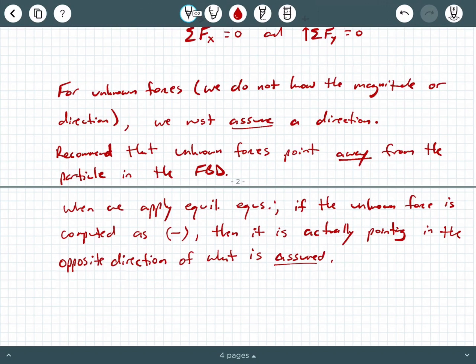Okay? I know that's a lot of words right now, but once we do some numerical examples, we're going to illustrate this concept. So again, when you have an unknown force in a free body diagram, you just go ahead and assume that it's pointing away from the particle when you draw the free body diagram. Then once we do the calculations, if that force is computed as a negative number, it turns out it will be pointing the opposite of what you assumed. If you assumed it's pointing away and it's negative, that means that force is actually pointing at the particle in the free body diagram.